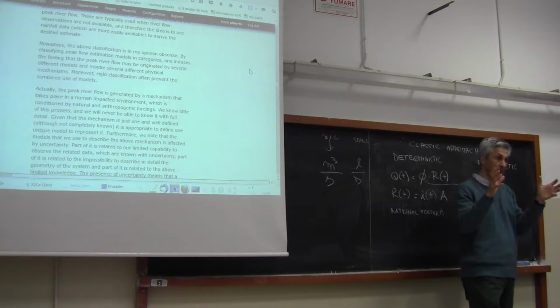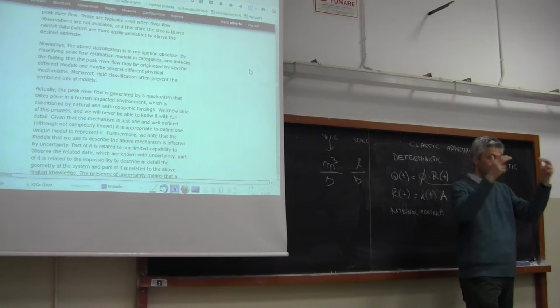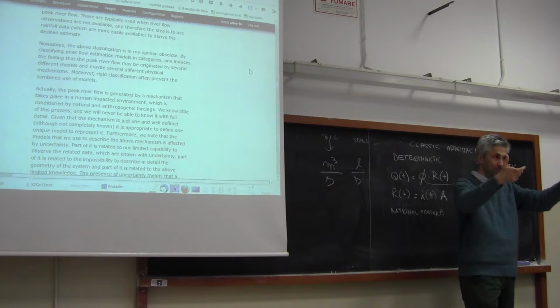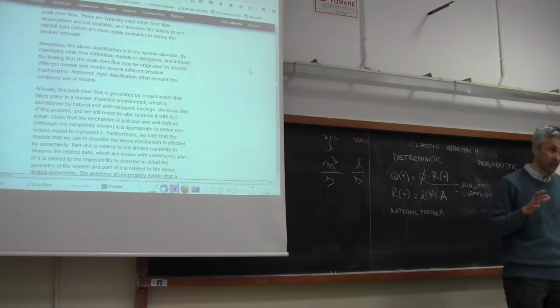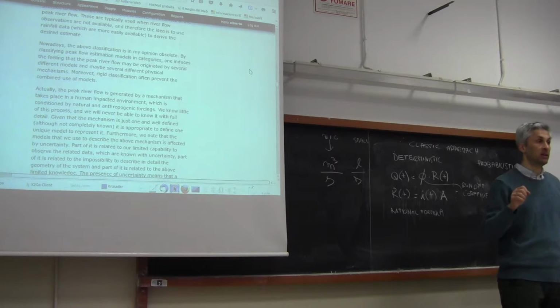When we speak about predicting, implicitly, we imply a model. And then uncertainty comes into play. So we can't say the rainfall runoff transformation is uncertain. Absolutely not. It's the rainfall runoff model that is uncertain.